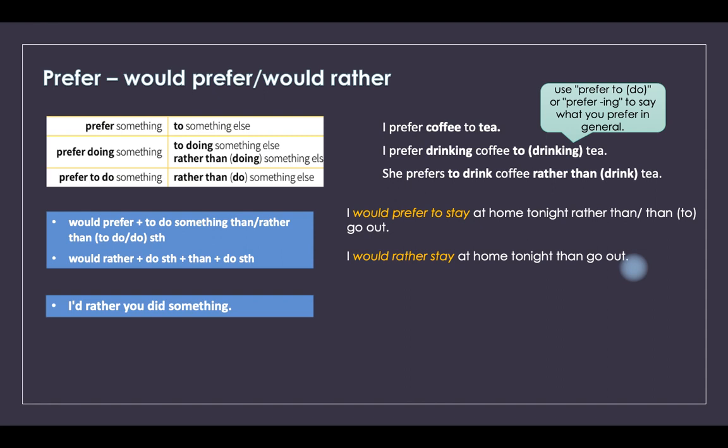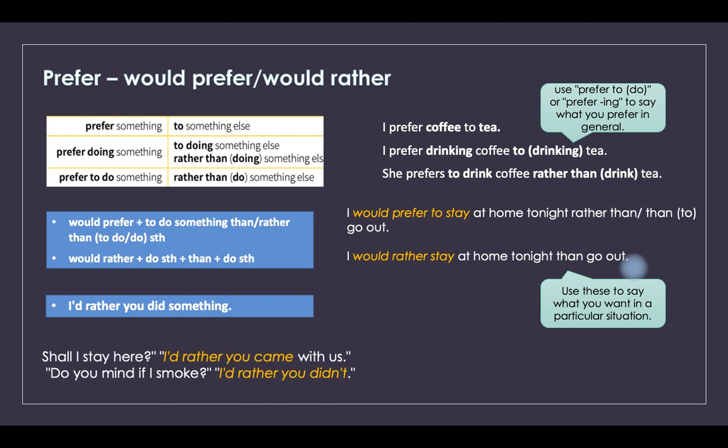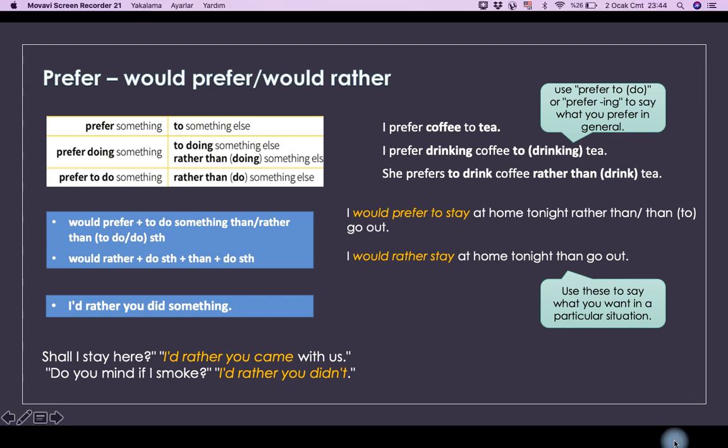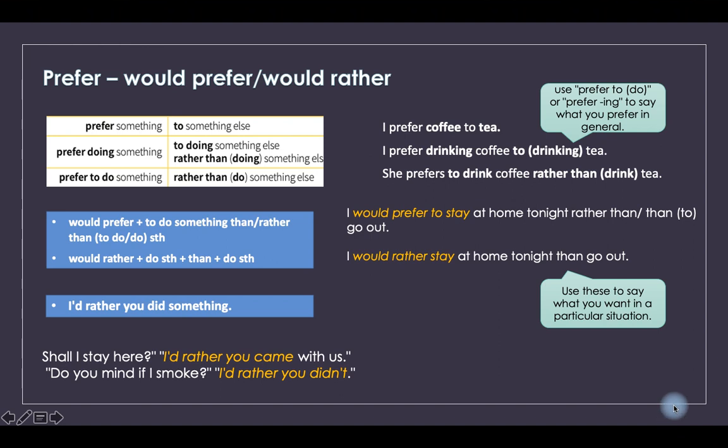We can also say I'd rather, so I would rather you did something. Shall I stay here? I'd rather you came with us. Do you mind if I smoke? I'd rather you didn't. So I'd rather you came with us in Turkish would mean something like bizimle gelmeni tercih ederim. Right?